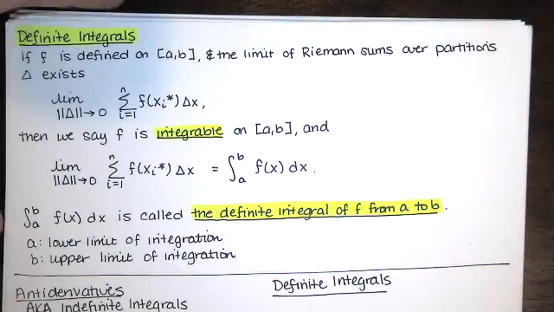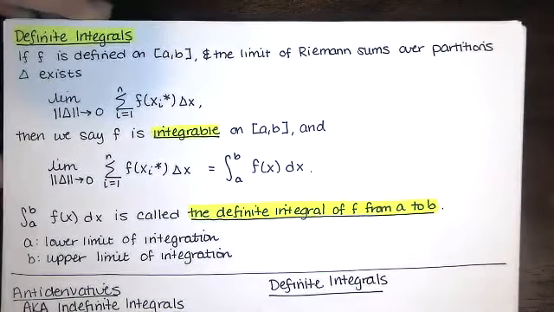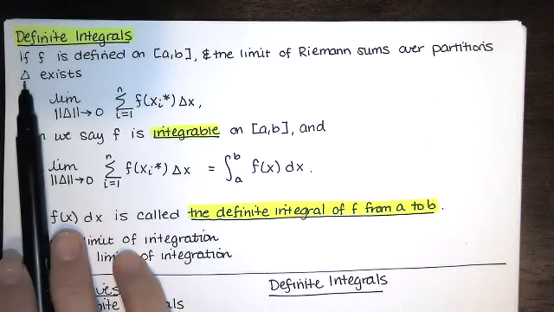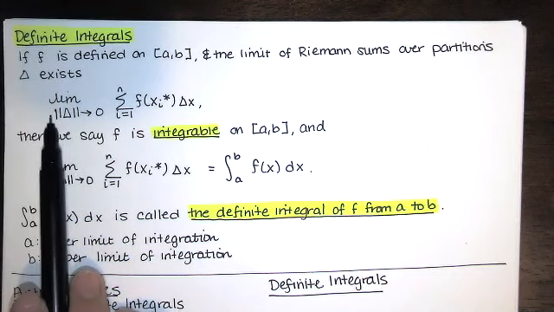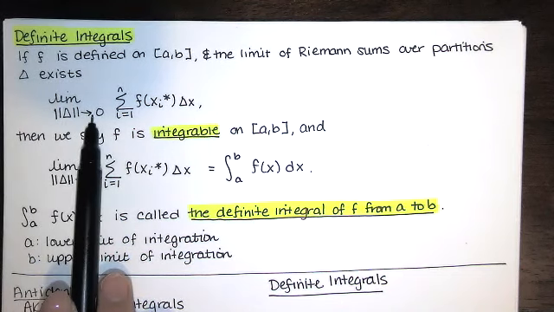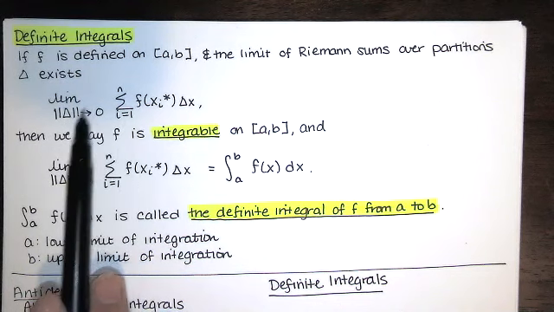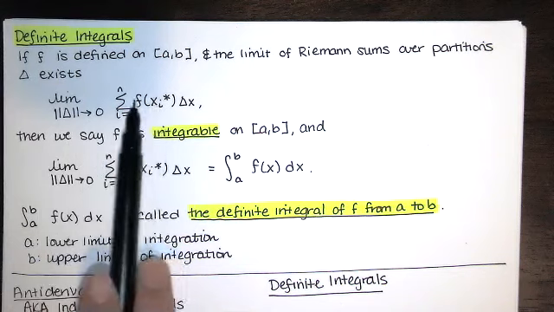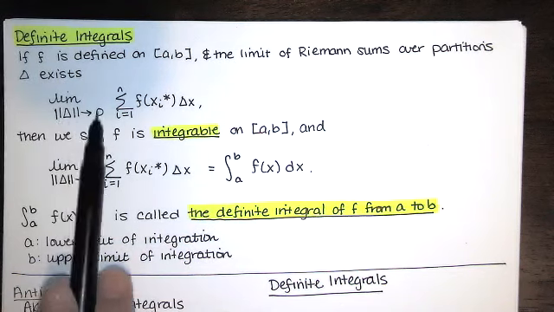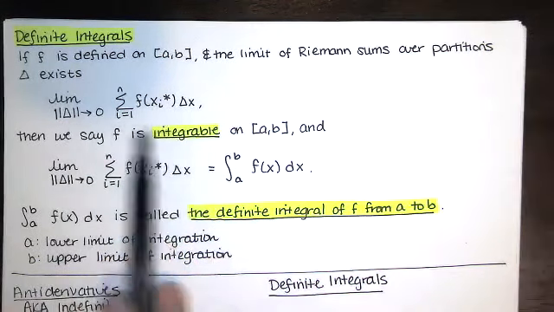Okay, so now let's talk about what a definite integral is. So let's say f is a function that's defined on the interval from a to b, and the limit of Riemann sums over all the partitions delta exists, so that if the norm of the partition goes to 0, then you can take the limit of this as the norm of the partition goes to 0 and you get a finite number.